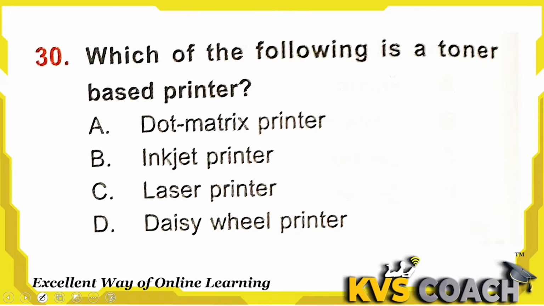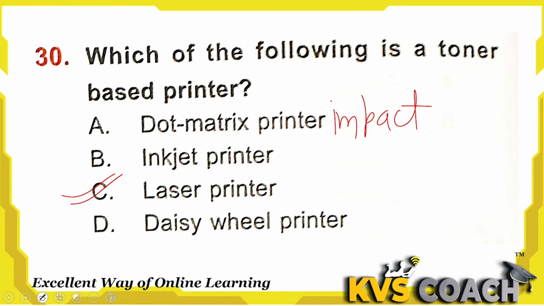Next question is, which of the following is a toner based printer? Toner based printer, that is the laser printer. Okay, dot matrix printer, that is an impact printer. Actually, it transfers ink in a dot pattern.